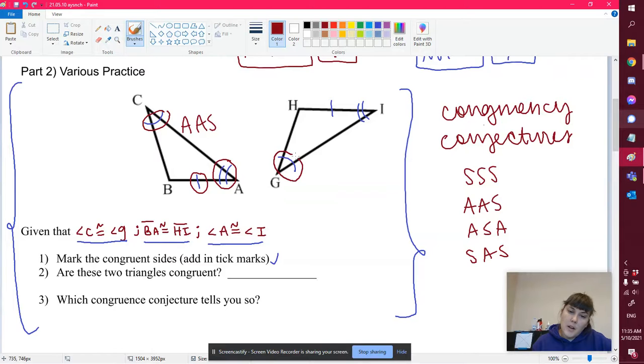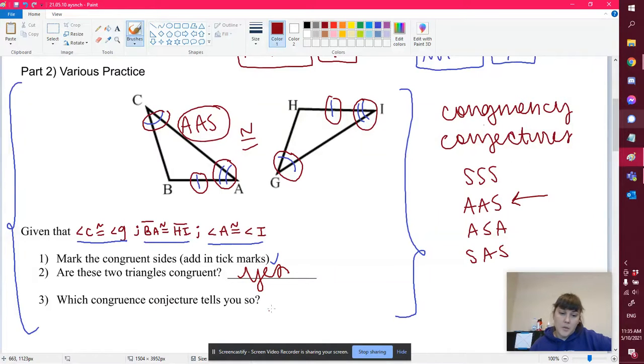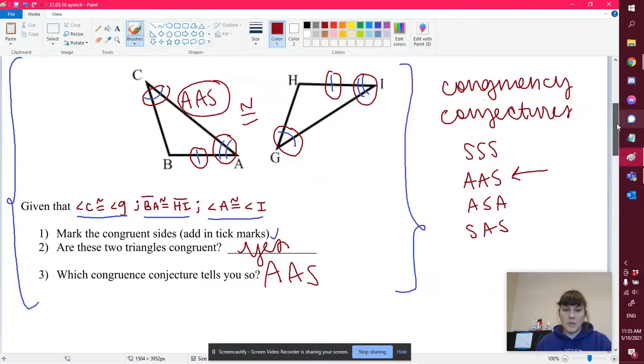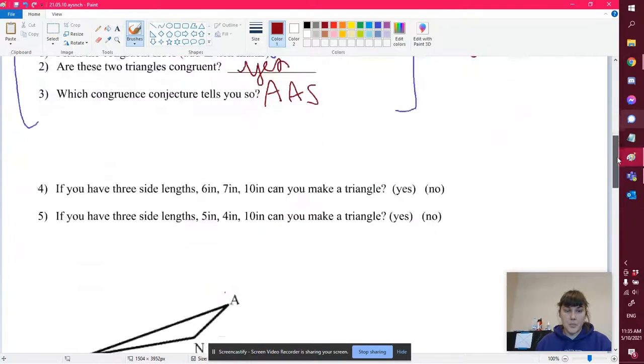And this one, again, we've got an angle next to an angle next to a side. So I think these are congruent because the pairs match up, and angle, angle, side was one of our conjectures. The one on your homework is slightly different than that, but same thing, basically.